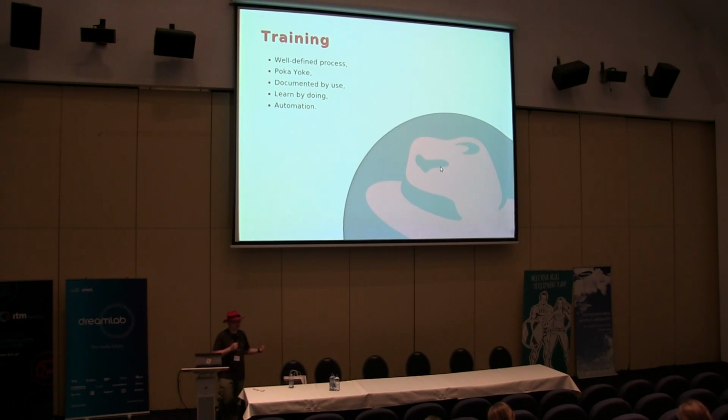You don't actually have to train people, you don't have to say, okay, now you are talking, don't argue with yourself, and so on. So you have a well-defined process just because it's encoded in that software.